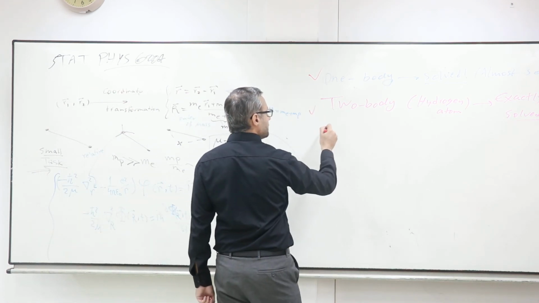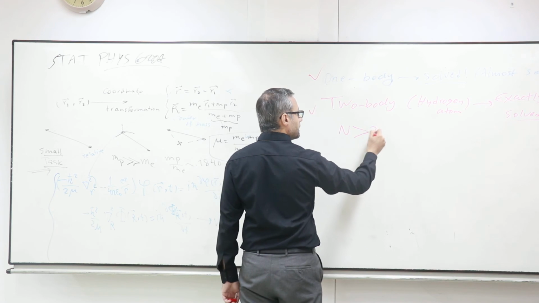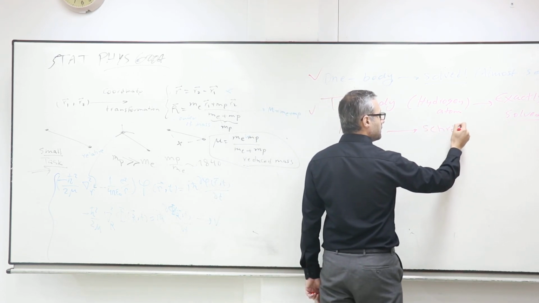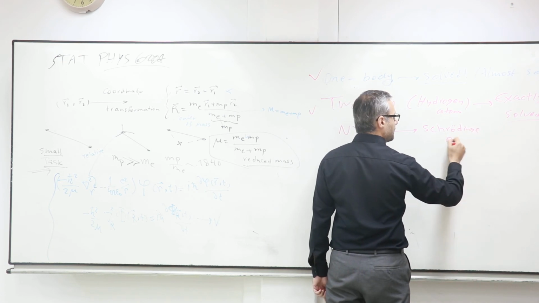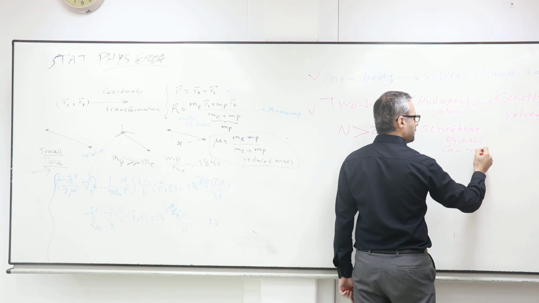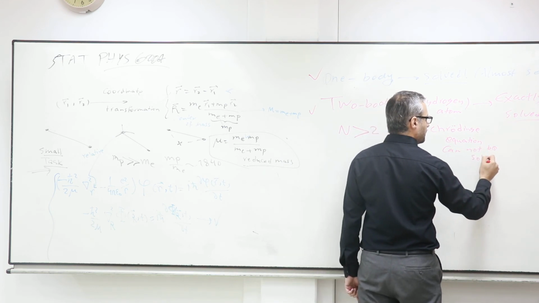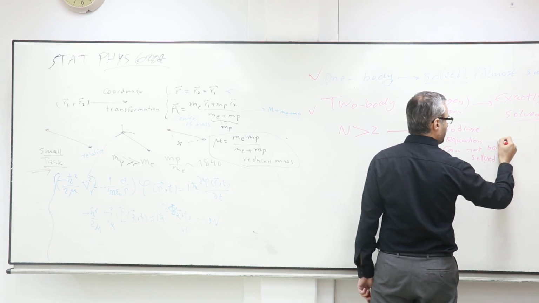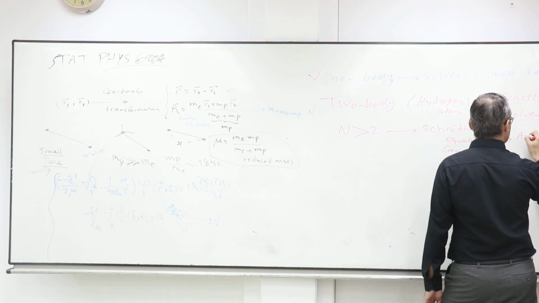But look at that. For more than two particles, the Schrödinger equation cannot be solved, so you need approximation methods.